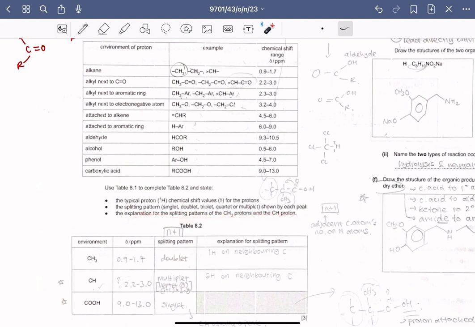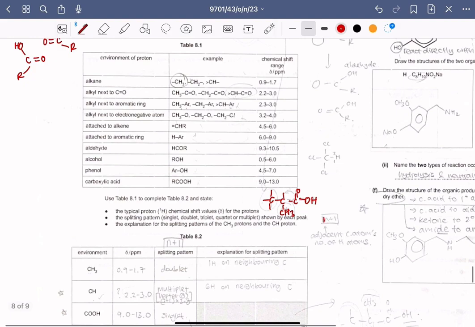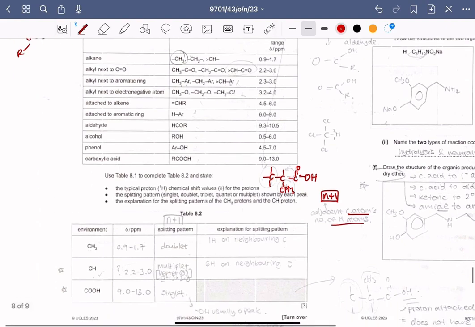So first thing you should do is draw this compound, CH3 bonded to CH, bonded to a CH3 group, bonded to COOH. For the splitting pattern, there's a formula n+1, where n represents the number of H atoms on the adjacent carbon atom.